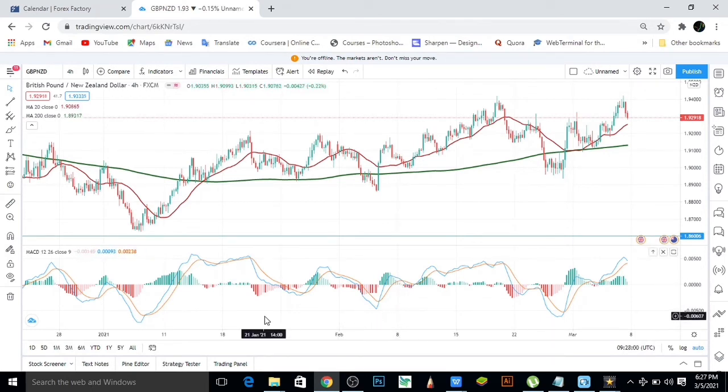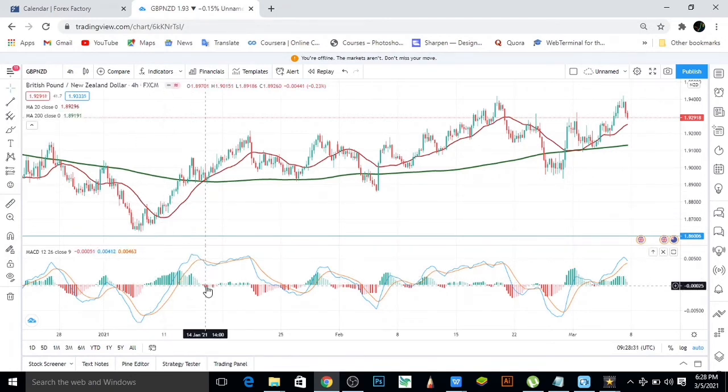So how does it work? When price moves above the zero line, you are in an uptrend basically. When price moves below the zero line, you are in a downtrend.